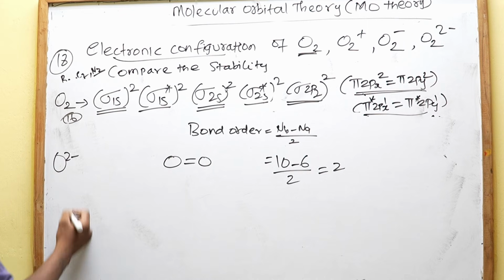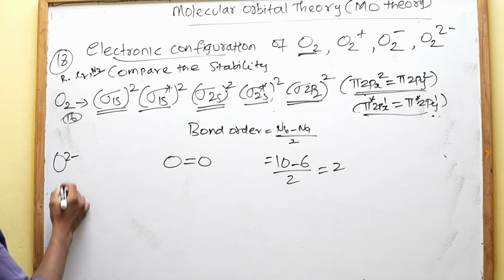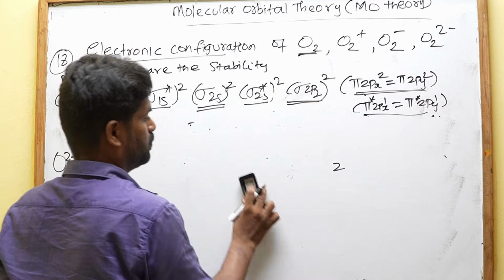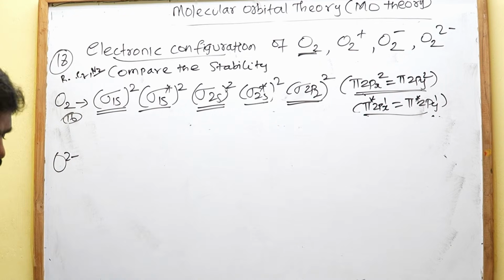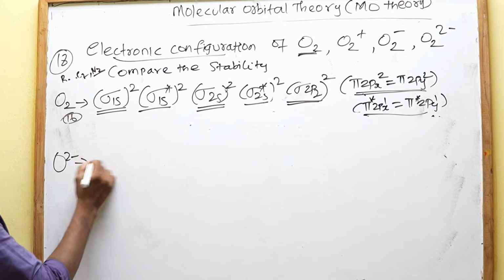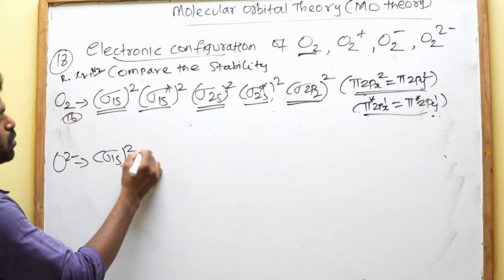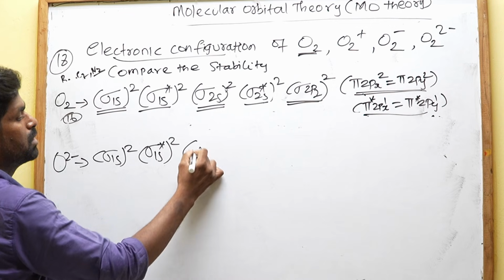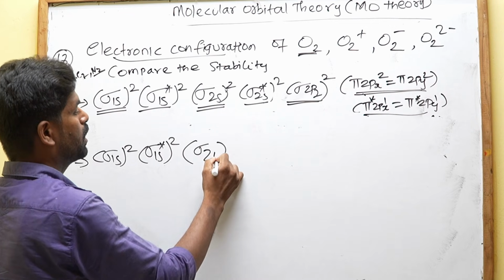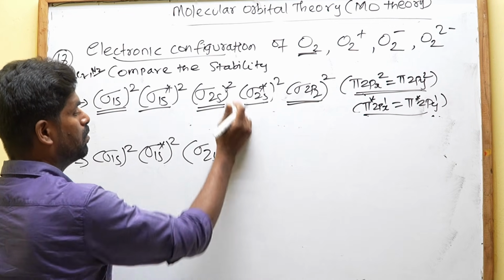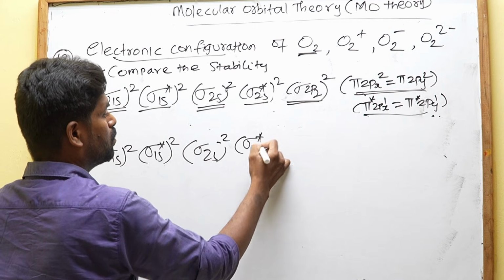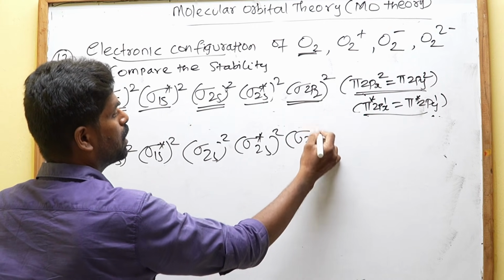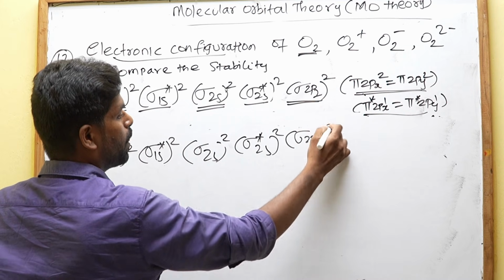O2 minus. In this case, let me write the electronic configuration. Sigma 1s has 2 electrons, sigma star 1s has 2 electrons, sigma 2s has 2 electrons, sigma star 2s has 2 electrons, sigma 2pz has 2 electrons.